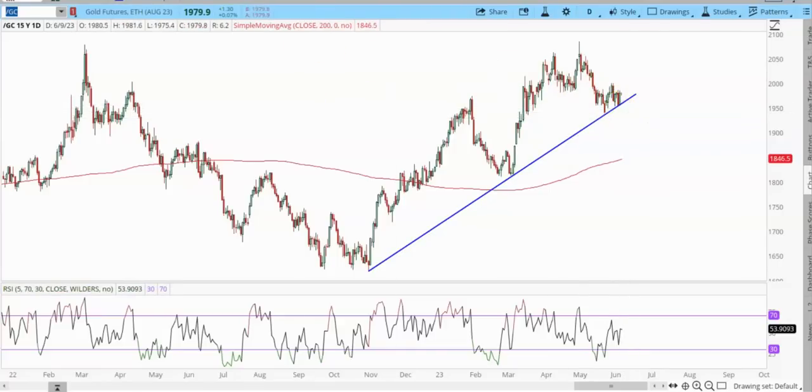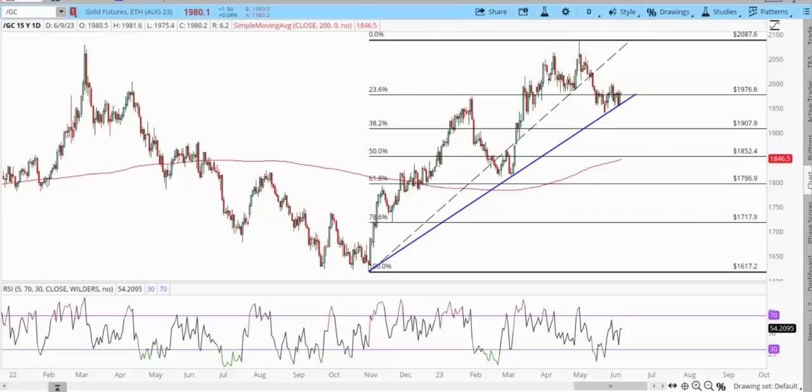And then another parameter that almost always gets met is that an ICL, or any cycle low for that matter, will almost always retrace at least back to the 38% Fibonacci level. So let me put that in here. All right, so you can see the 38% retracement is at about 1908-ish, maybe 1900.